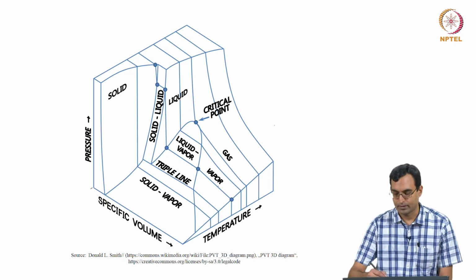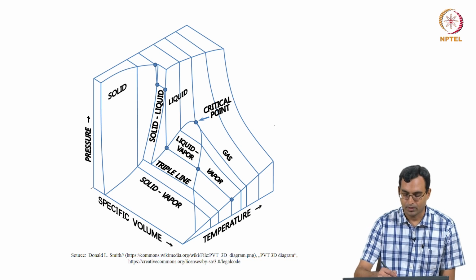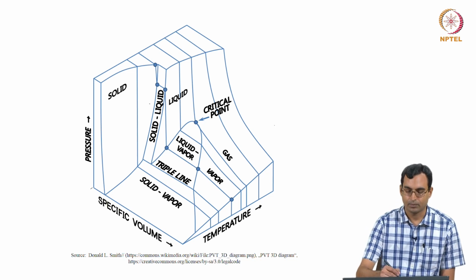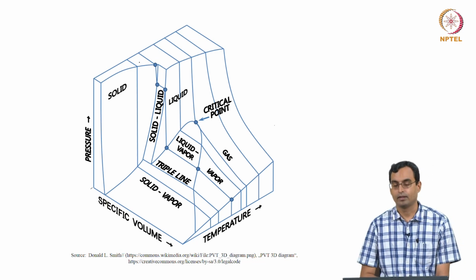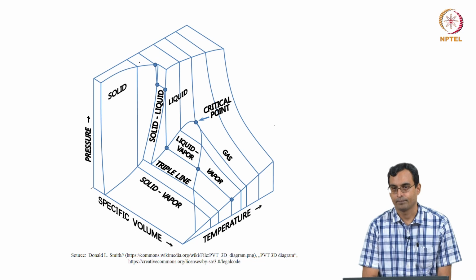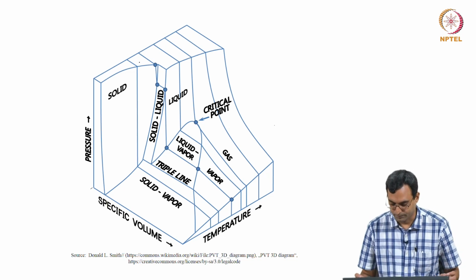The same temperature with medium specific volume, I am in the mixture of liquid and vapor. With a smaller specific volume, I go to liquid. With an even smaller specific volume, I go to solid. Okay, so that is essentially what I would have in this kind of picture.